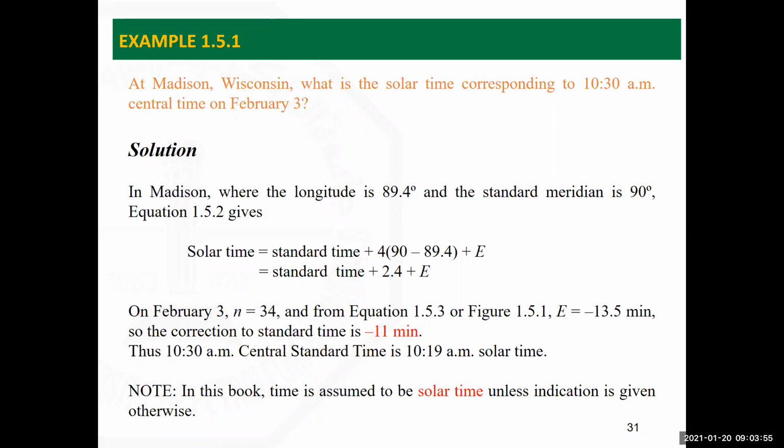Substitute into the equation: the solar time is the standard time, which is given in the example as 10:30 in the morning, plus 4 times this difference in longitude, plus E. When it's calculated, it gives a value of minus 11. So the time is 10:30, but the solar time is 10:19. In the book, the solar time is considered as the standard in our calculations unless otherwise stated.